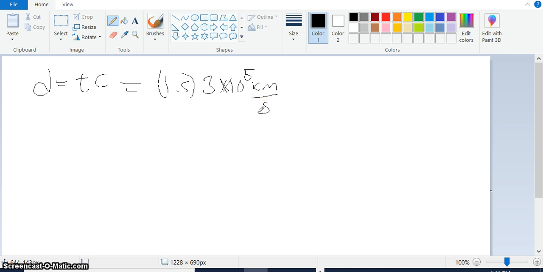Notice when you multiply these, the units of seconds cancel, right? So this seconds and this seconds cancel, and that gives us a distance of 3 times 10 to the 5th kilometers. So in 1 second, light travels 3 times 10 to the 5th kilometers.